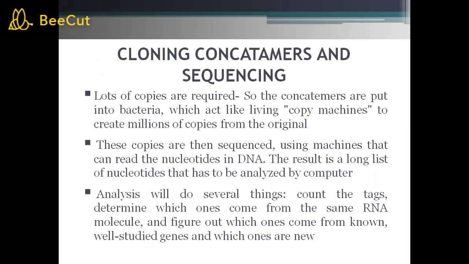The next is cloning concatemers and sequencing. Lots of copies are required, so the concatemers are put into bacteria, which act as living copy machines to create millions of copies of the original.